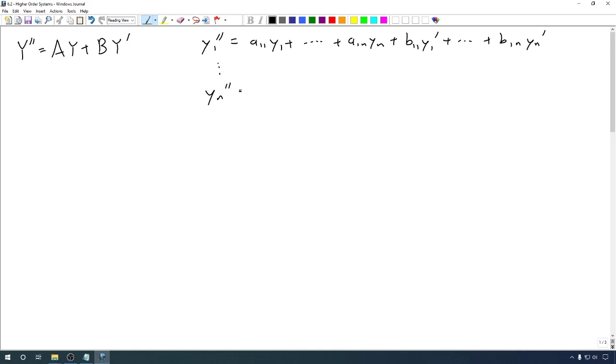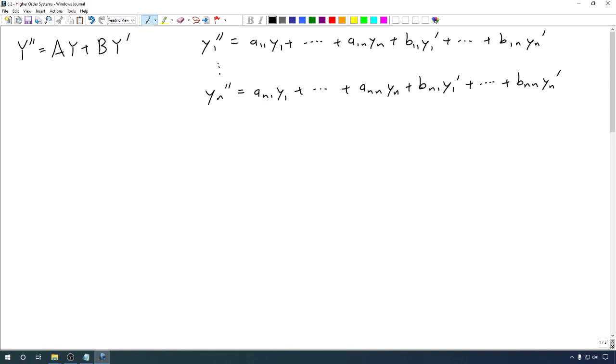Yn double prime is an1 y1 through ann yn plus bn1 y1 prime through bnn yn prime. So all the second derivatives of the y's are related to both the y's and the y primes. This is what we call a second order system.